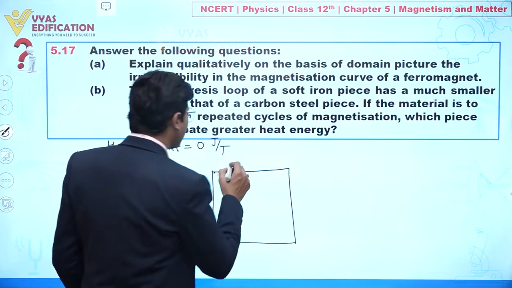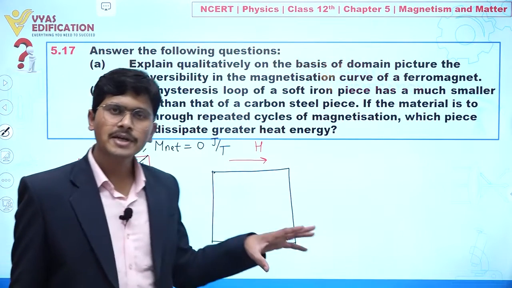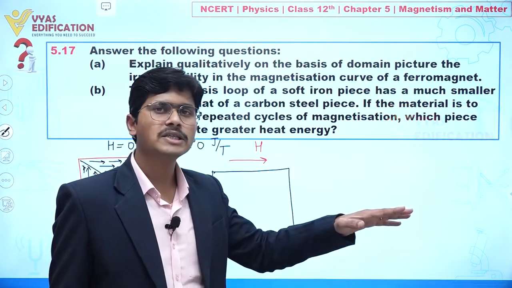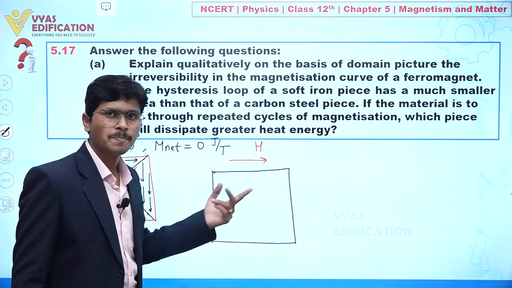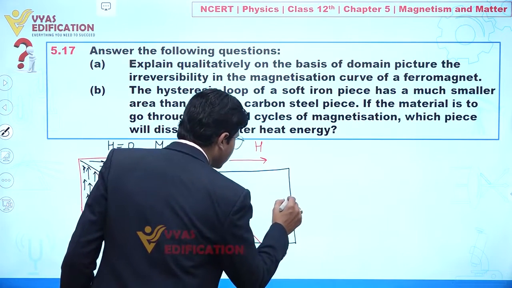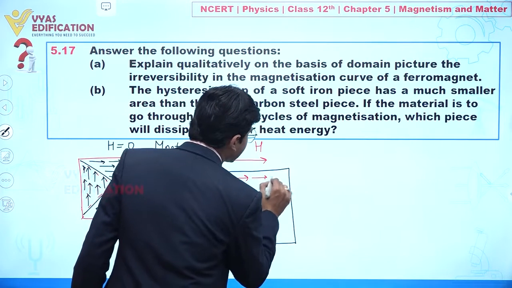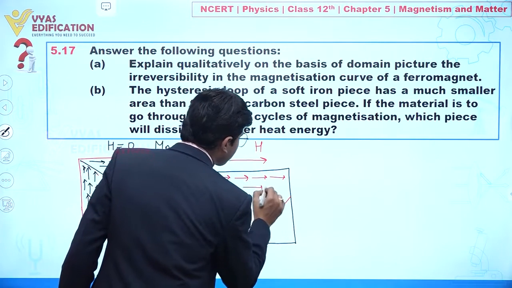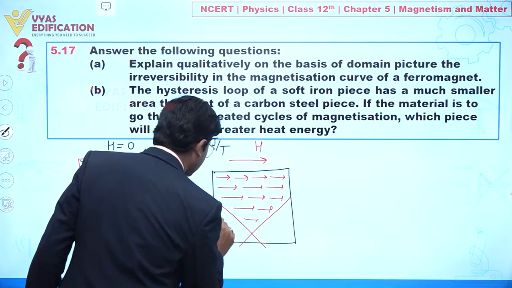As we apply the magnetizing field, the atomic dipoles always try to gain their orientation according to this magnetizing field. So slowly these domains are increasing like this. In this direction we are getting the maximum number of atomic dipoles.